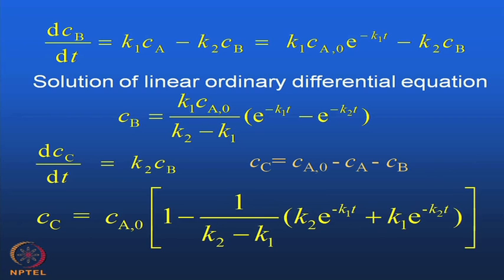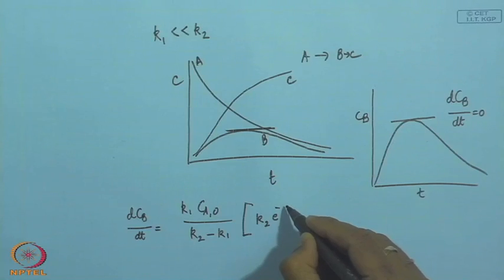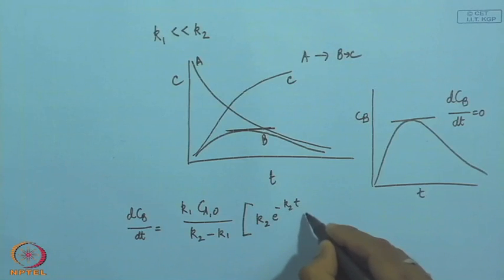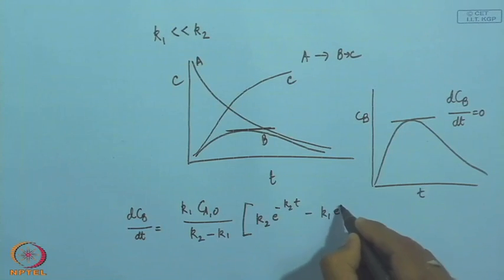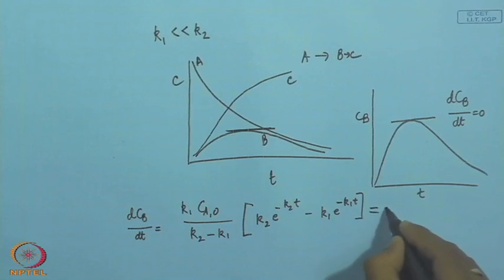This is your dCB/dt. So, we have to use this expression: K2 exponential minus K2 t minus K1 exponential minus K1 t, you just recall, equal to 0.